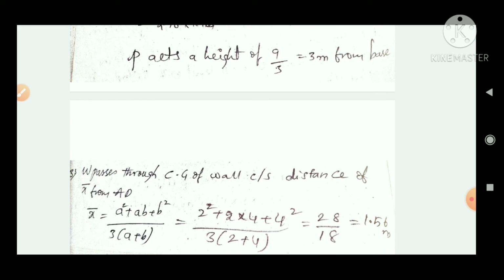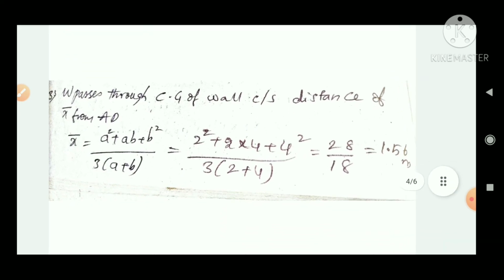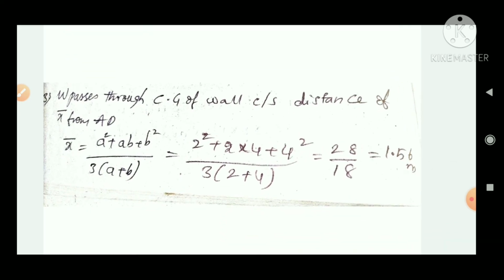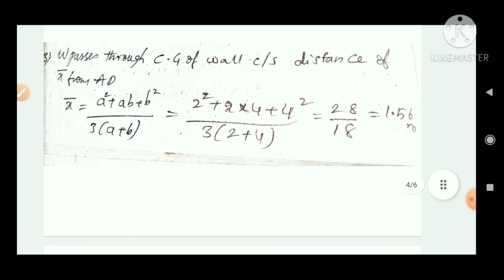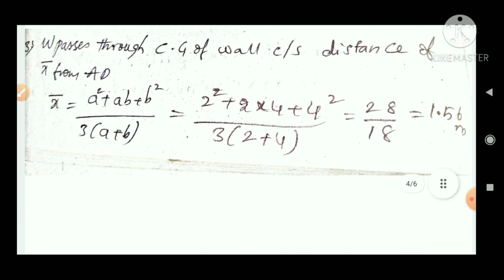The third step is W passes through the CG, center of gravity of the wall cross section, at distance x bar from the base: (a square plus AB plus B square) by 3 of (A plus B).